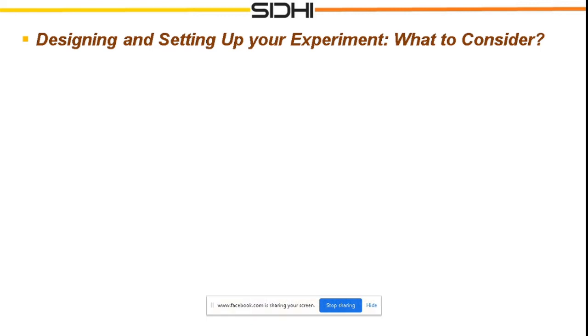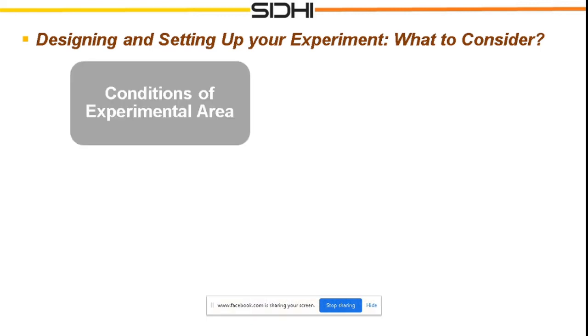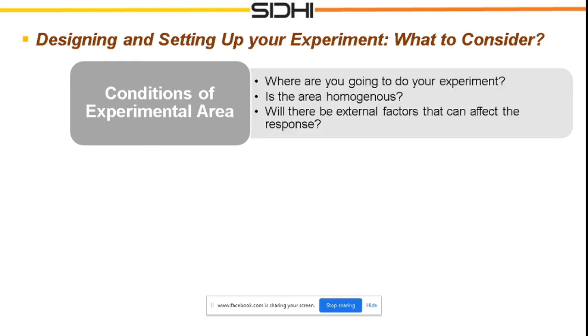Okay, next. This is one important thing, the conditions of your experimental area. You have to know saan mo i-set up yung experiment mo. Again, saan mo siya i-set up? And is the area homogeneous? When we talk of homogeneous, it means the area has the exact same condition all throughout.